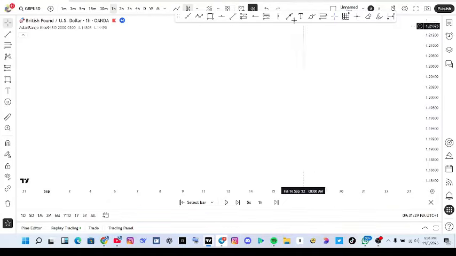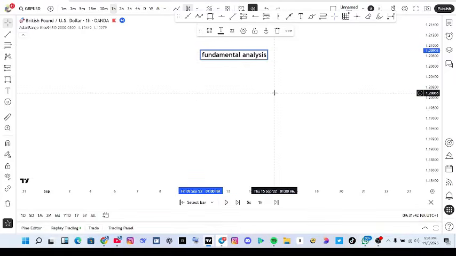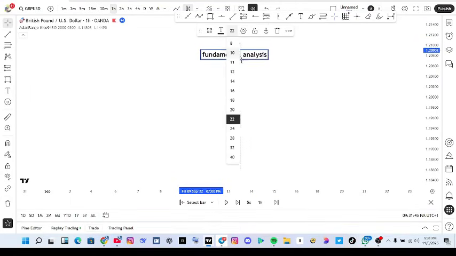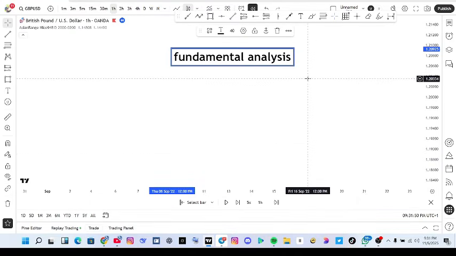So let's talk about fundamental analysis. Fundamental analysis is simply the use of economic data instead of price action like candlesticks and the rest.